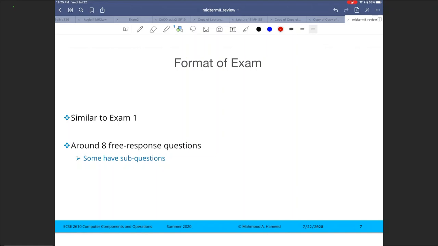The main difference in the format and the timing aspect of exam 2 is that exam 2 should technically take less time to answer compared to exam 1. And primarily what is helping us save time is that there are no base conversions.